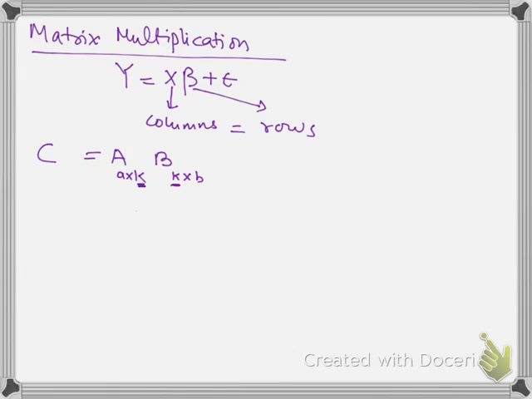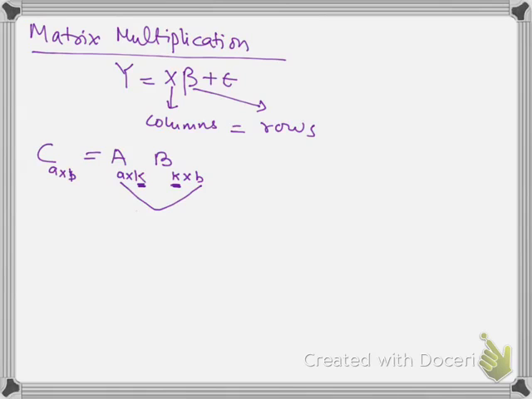That's the first rule. And the resulting matrix would have dimensions a cross b. So now we know when we can multiply two matrices together.